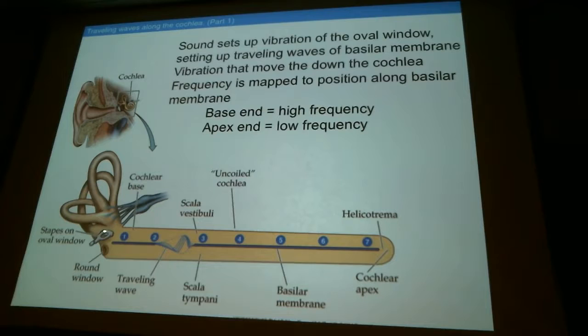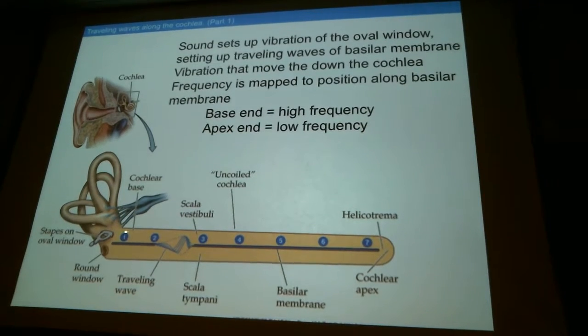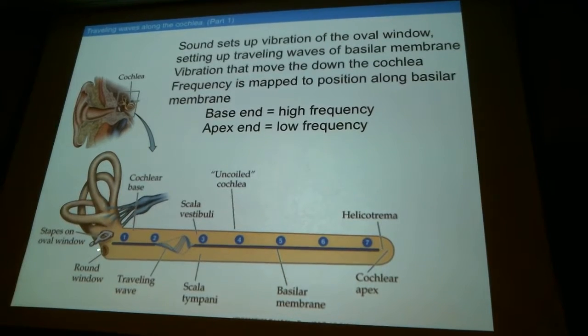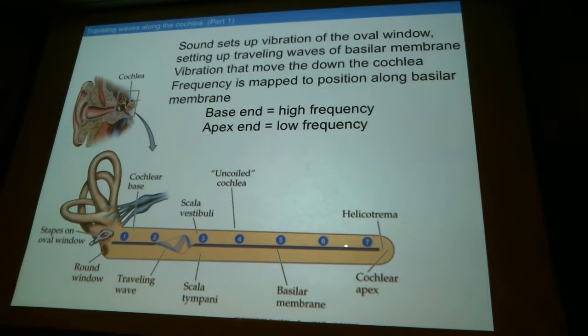The closest end to the stapes encodes high frequencies best. As you move along the basilar membrane, it becomes less and less sensitive to high frequencies and more sensitive to low frequencies. Base versus apex. This is known as the apex.